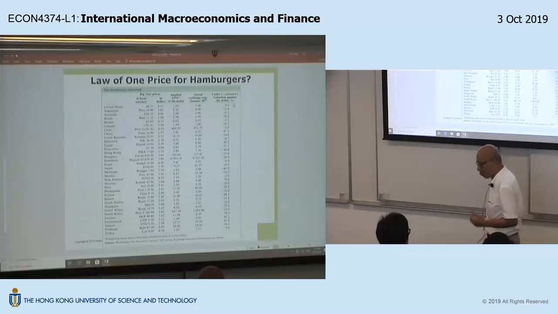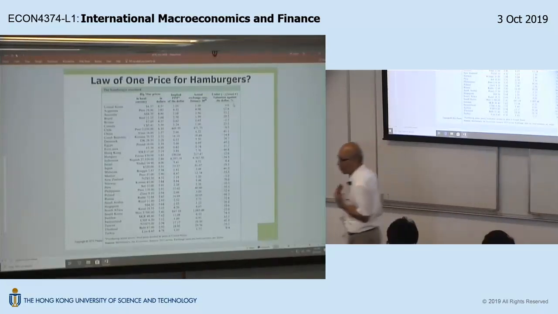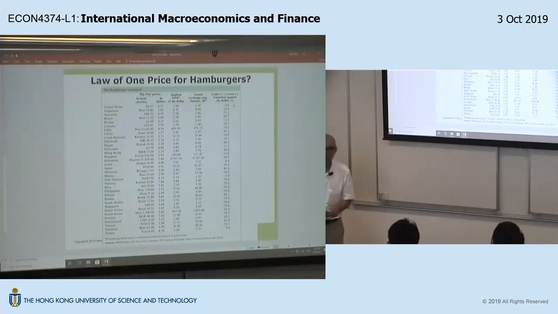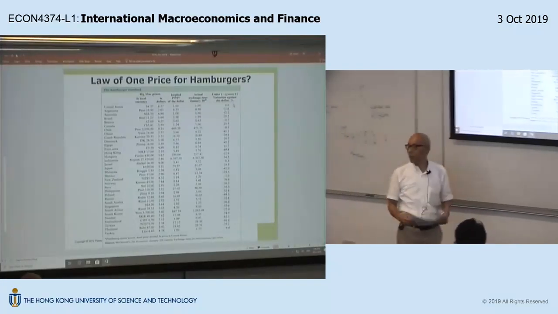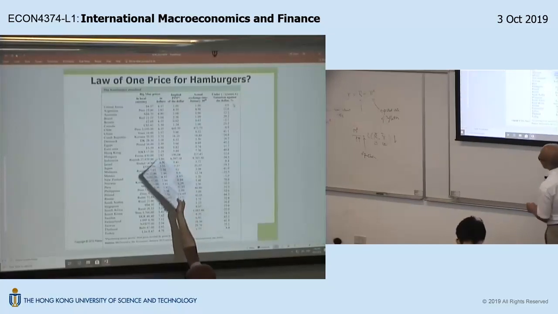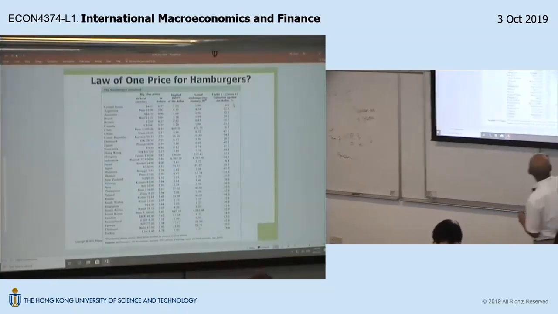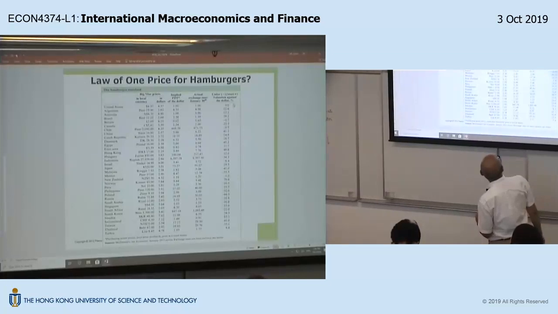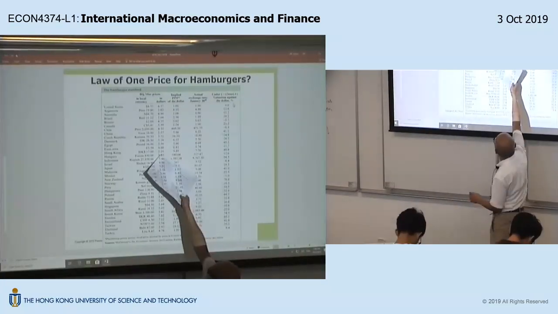But do people arbitrage hamburgers? I think people probably don't, but this is just for fun. It just tells you, people say perhaps the Hong Kong dollar is undervalued.